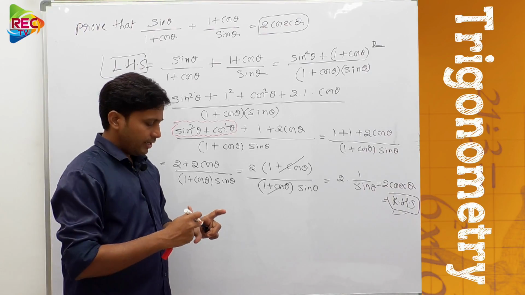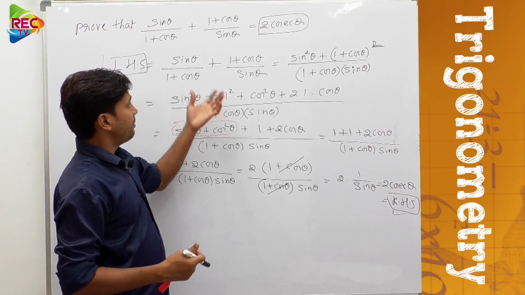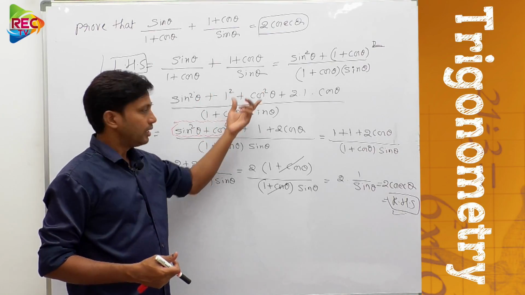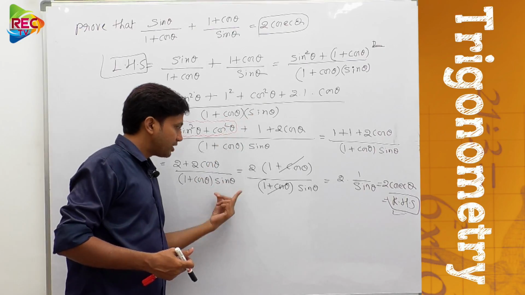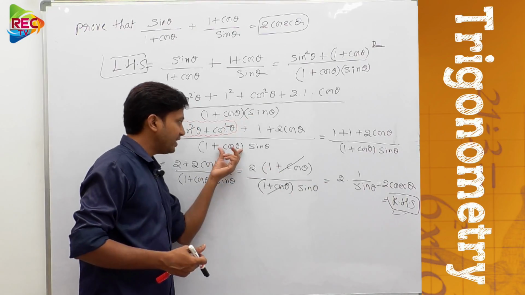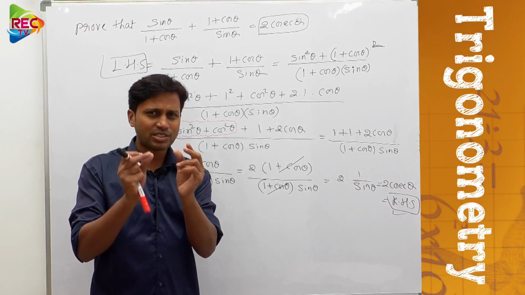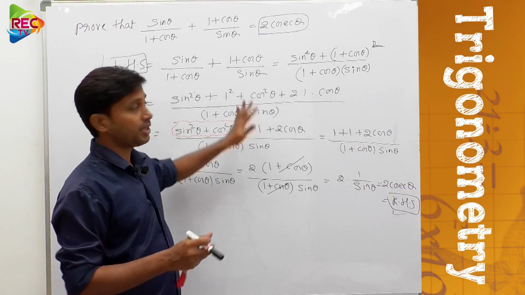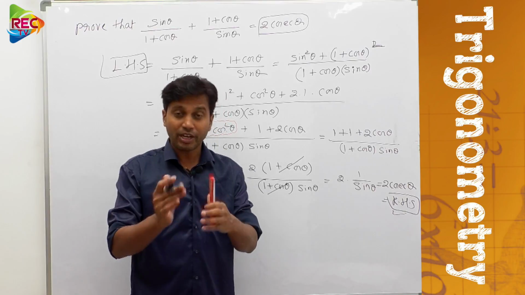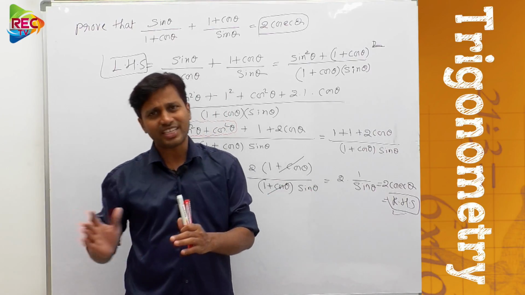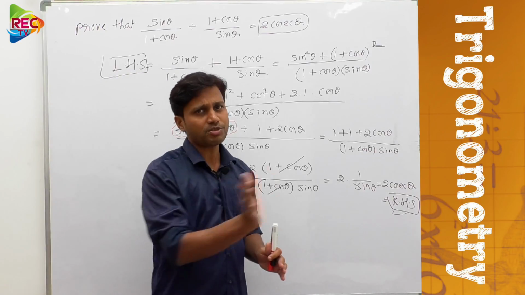So in this problem, I think you find nothing difficult. Why? Because you are just doing some adjustments in the numerator part only. You are not doing anything to this denominator. Just see, we are not changing denominator anywhere. So we just have done a little bit of adjustments in the numerator part to solve this problem. That's what I'm telling you about. While seeing the entire problem, you don't need to change all the terms of the problem.